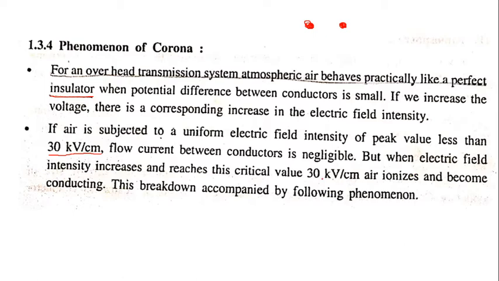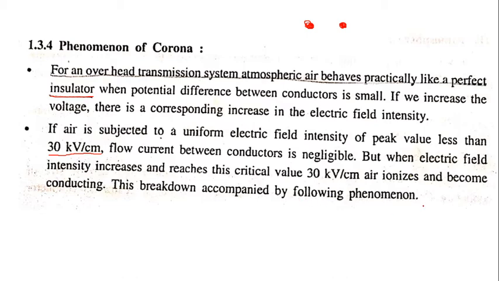But when the electric field intensity increases and reaches this critical value, 30 kilovolt per centimeter, air ionizes and becomes conducting. So after the value of 30 kilovolt per centimeter, the air surrounding the conductor gets ionized and becomes conductive. This breakdown is accompanied by the following phenomena.